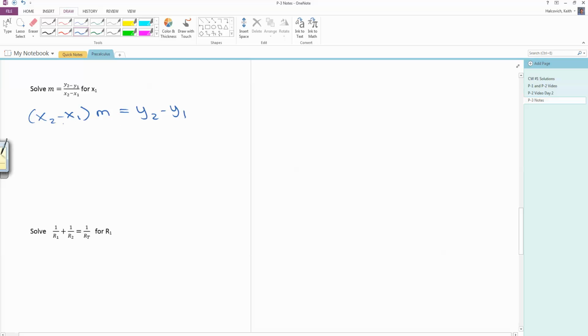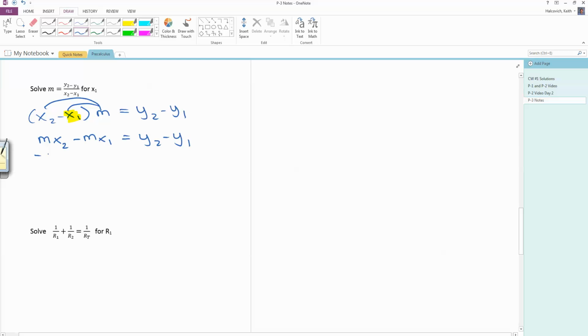Then, remember, our goal is to get x1 by itself. This is what we want to get by itself. So what we're going to do is distribute the m in. So it looks like that.